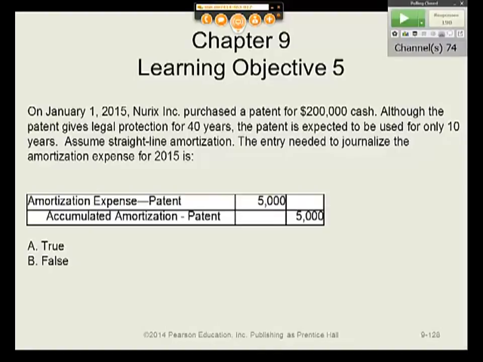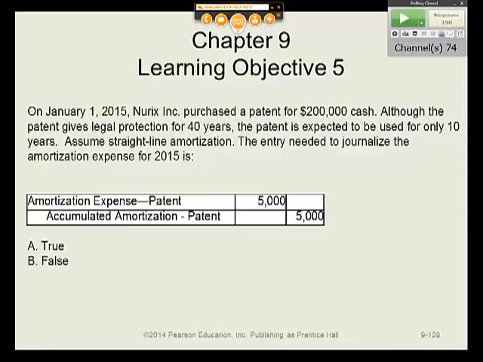So the correct answer in this case should have been to debit amortization expense on the patent, and that would be $200,000 for the cost.